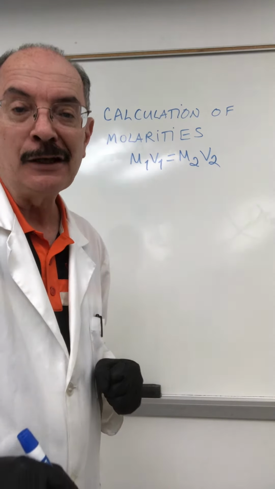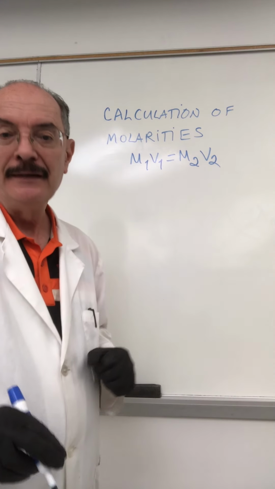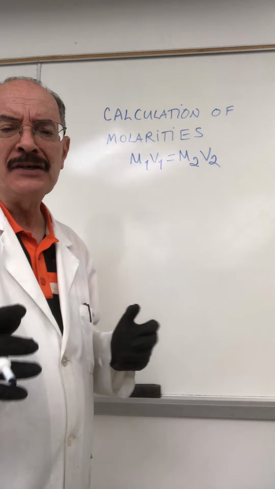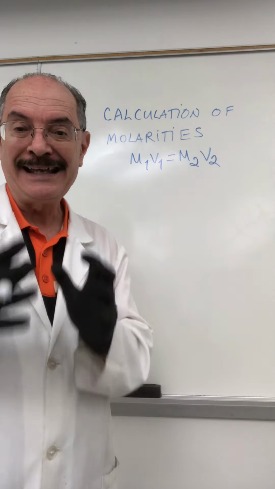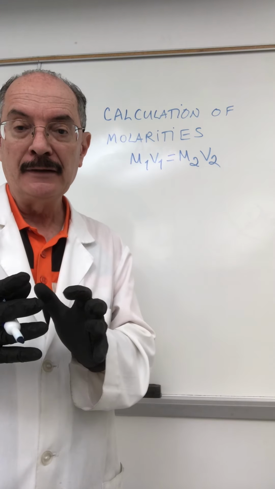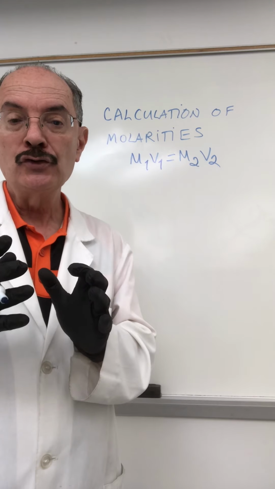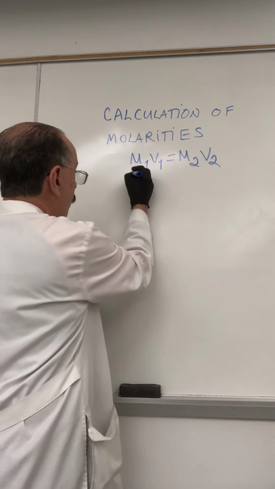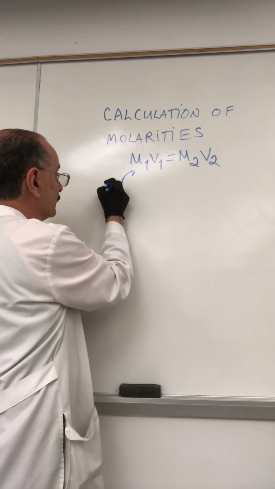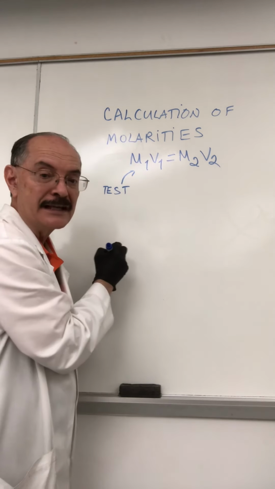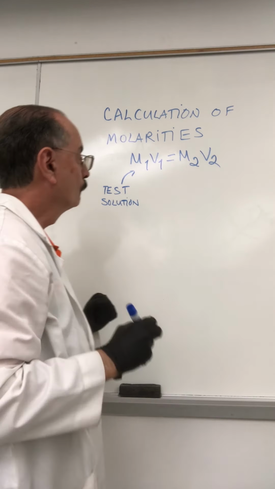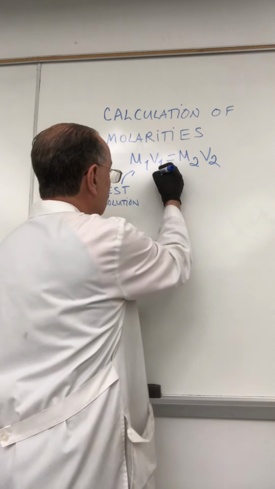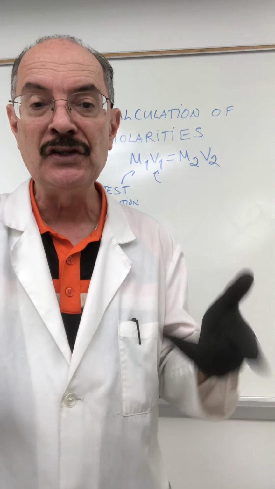M1 times V1 equals M2 times V2. Again, the problem we sometimes have is who is who? Remember, you started with a test solution that we prepared, which was 0.200 molar. So M1 here is the molarity of the test solution. That means V1 is how many milliliters of test solution we used.